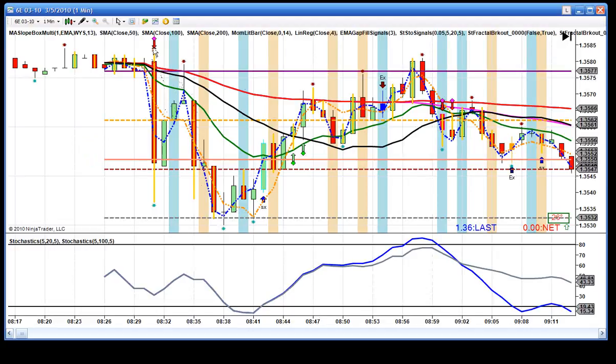In this case, it started up here above 1.3580, and it dropped all the way. The low on this one was 1.3530. So you can see that there's a lot of ticks, a lot of price action, and you could take advantage of this trend and make your target goal.